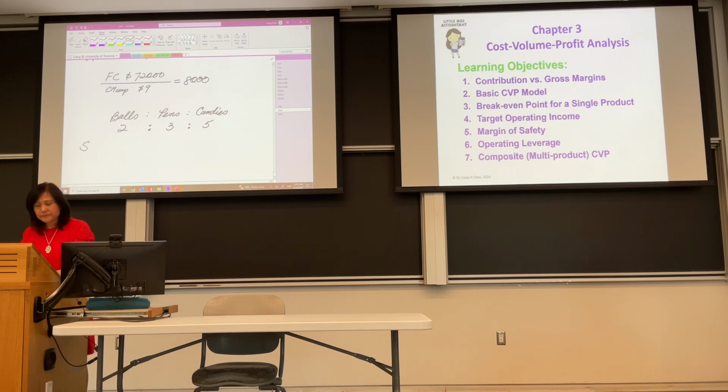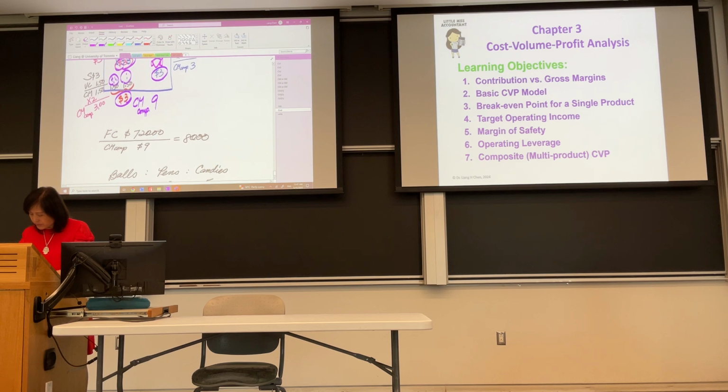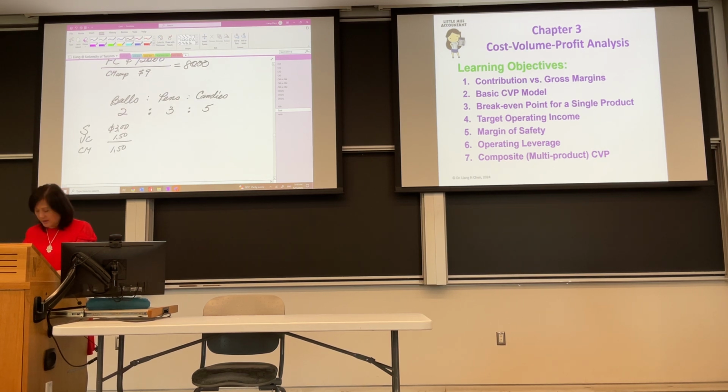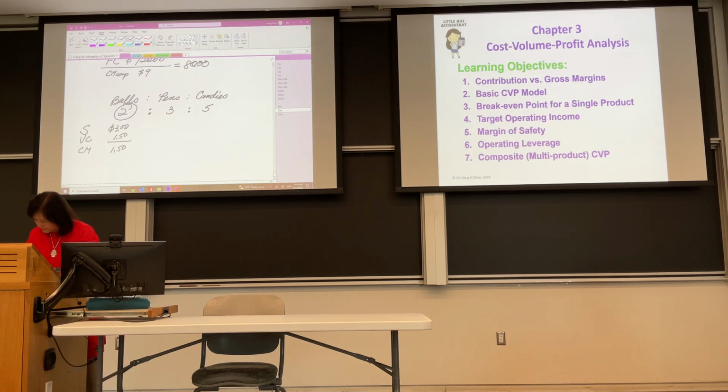Sales $3, variable cost $1.50, so contribution margin $1.50. But I have 2 units because this is the proportion, times 2, so make $3.